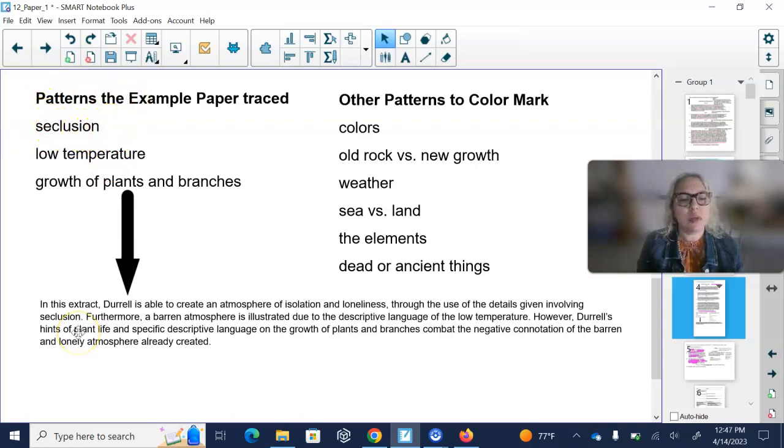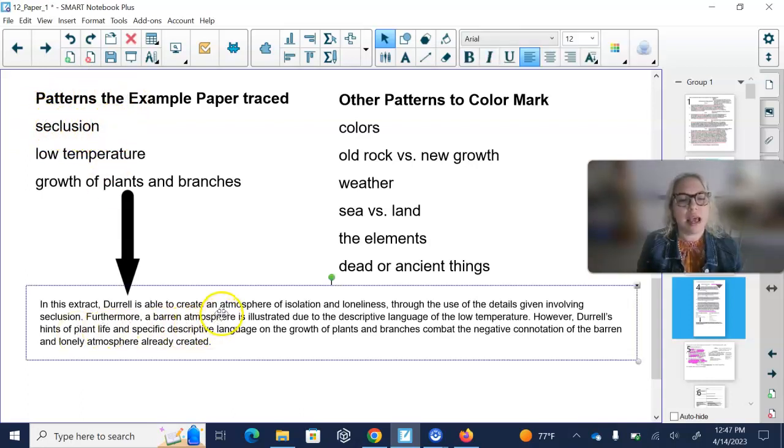And then she determined that they created an atmosphere of isolation and loneliness. Furthermore, the atmosphere is illustrated due to the descriptive language of the low temperature. So after tracing the low temperature, she decides a barren atmosphere is created with those details, with that descriptive language.